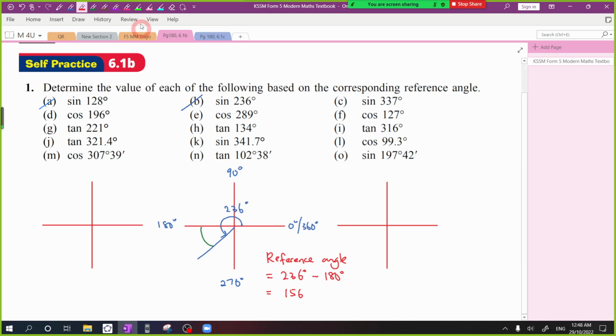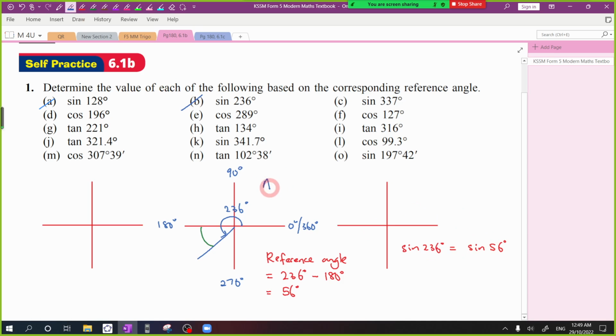Okay, so, oh sorry, it should be 56 degree. Okay, next thing. Sine 236 degree is equal to sine 56 degree. You write this first and then you start to think, should I add a negative sign?